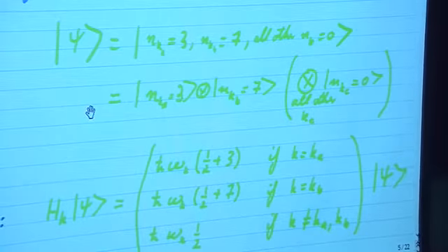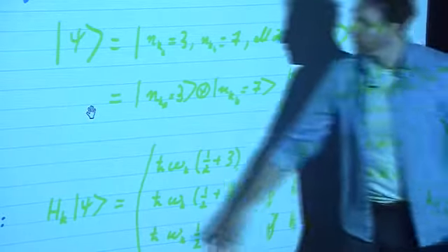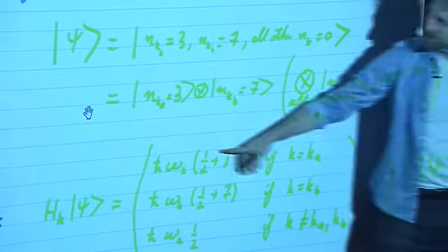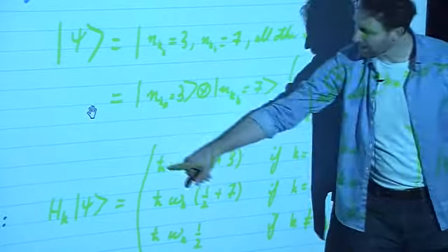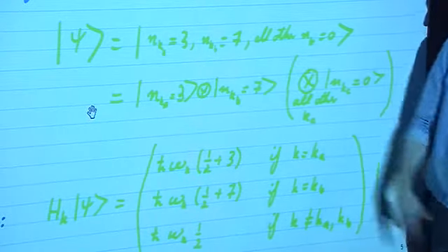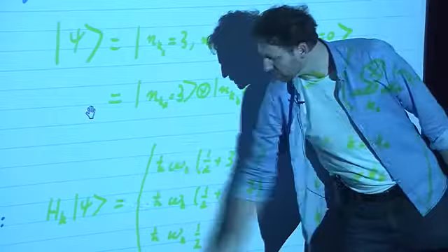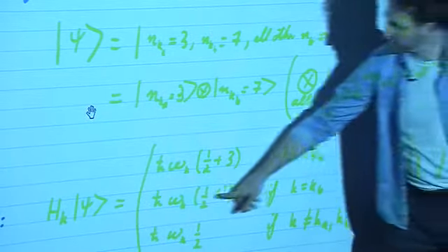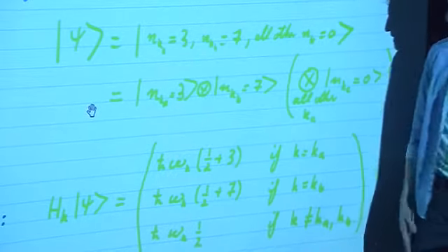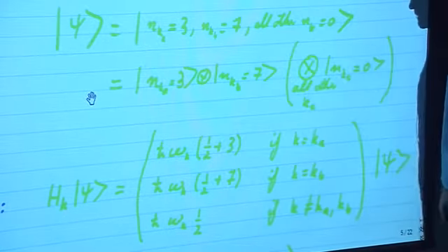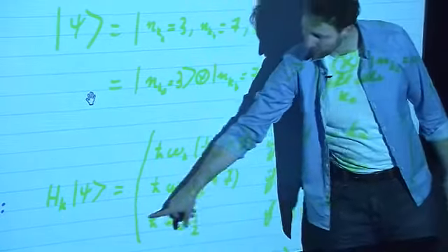Then how does it act? Well, if K is chosen to be Ka, then we obtain that eigenvalue times the state of the quantum field, because that's how it's built. If K is chosen to be Kb, then we get this eigenvalue, namely with the 7th eigenstate. And if we choose K to be neither Ka nor Kb, then we just get the energy of the ground state.